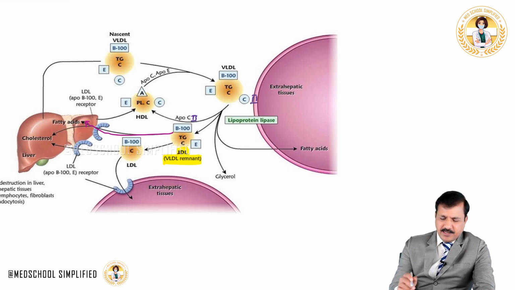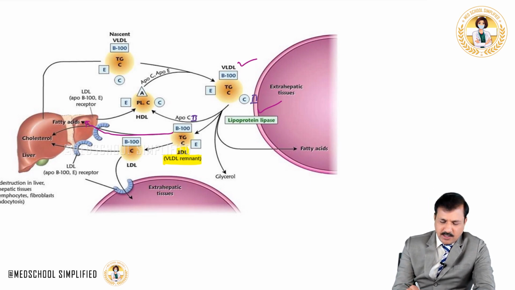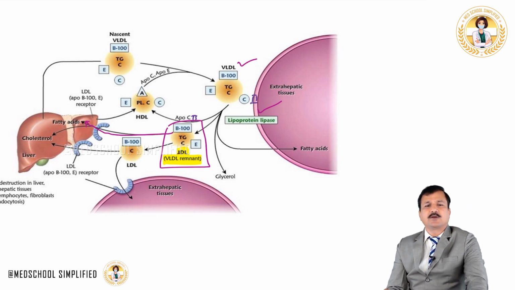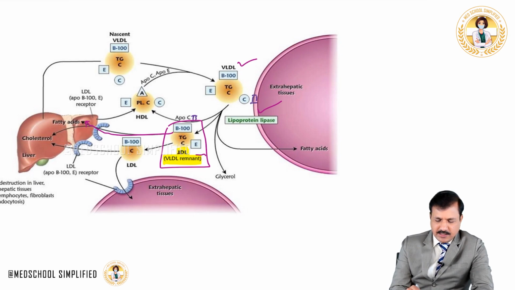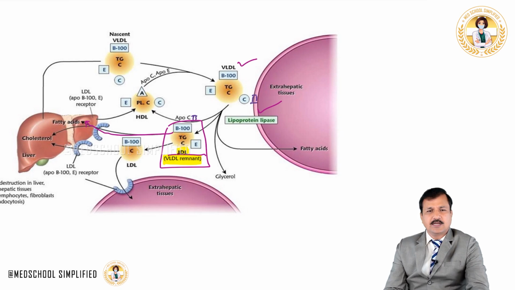Now, what I have explained here is VLDL: when lipoprotein lipase is acting on VLDL, it is degrading most of its triacylglycerol, and when Apo C-II goes back to the HDL, the molecule that comes out of it is referred to as IDL, which is intermediate density lipoprotein, and also referred to as VLDL remnant. This is how VLDL is metabolized into IDL.